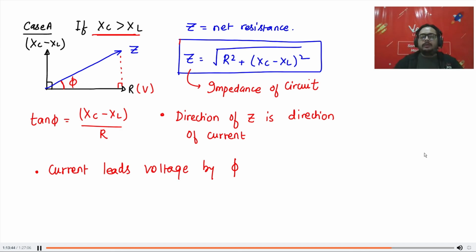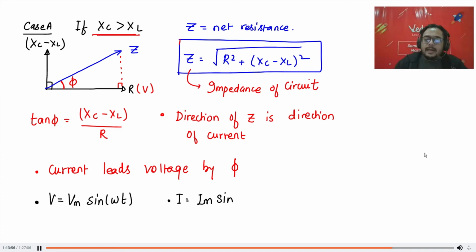So you can say that if the applied voltage was Vm sine omega t, then the current in the circuit will be Im sine omega t plus phi. And the value of Im, can you tell me? It will be Vm by Z, net resistance.